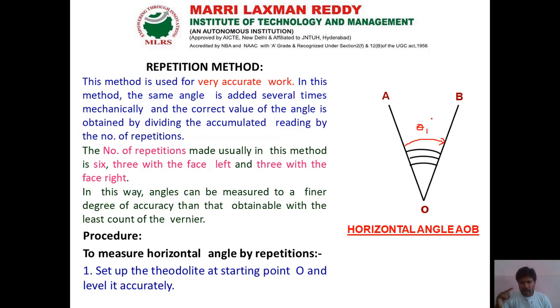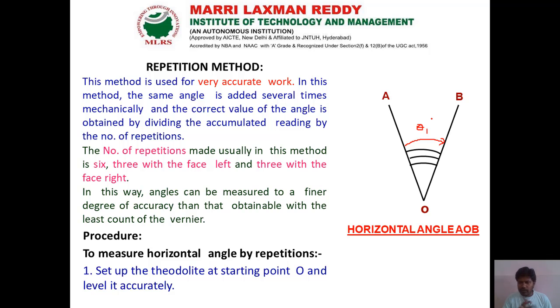Similarly, after changing the face, that is face right observation, again I view the object from A to B, that is the angle from A to B, and I get the angle with respect to face right observation. That also I take three times. The final reading divided by the number of repetitions gives the value of the angle.